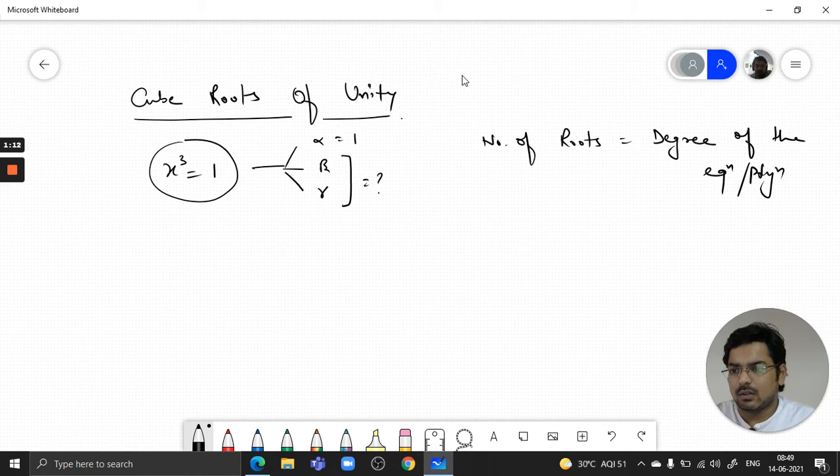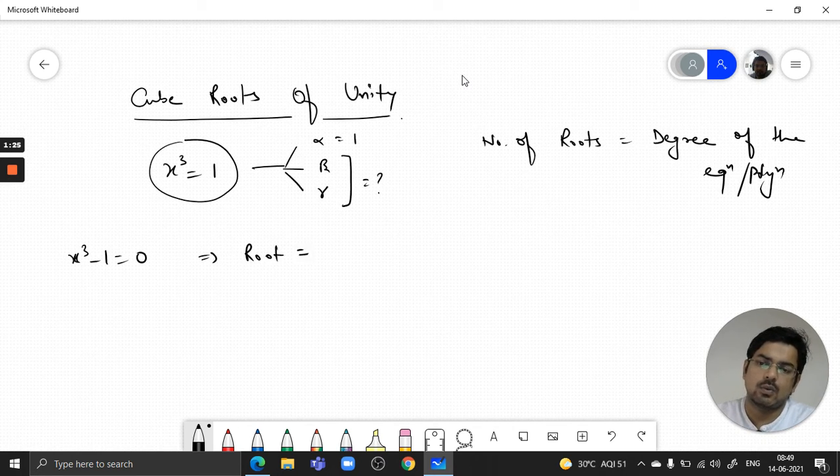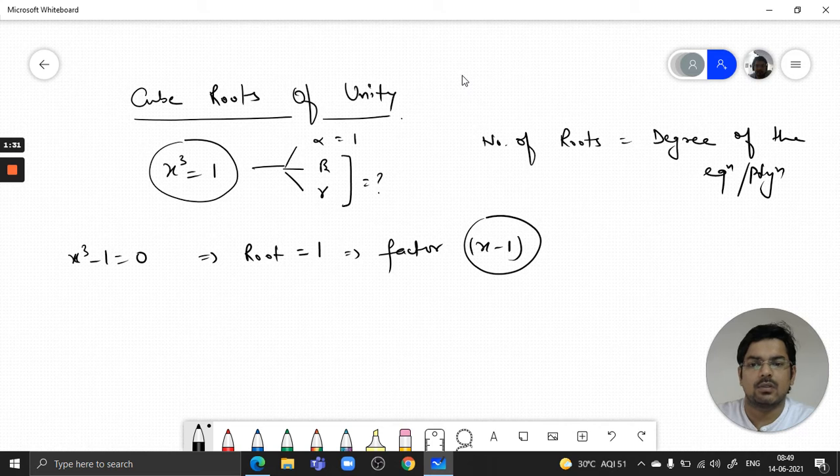So how do we proceed in this? We know that x cube minus 1 equals 0 has one root equal to 1, which implies that the factor is x minus 1.